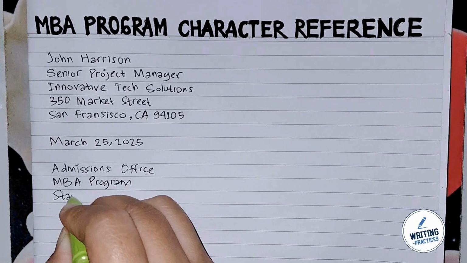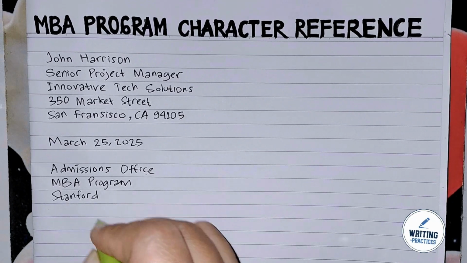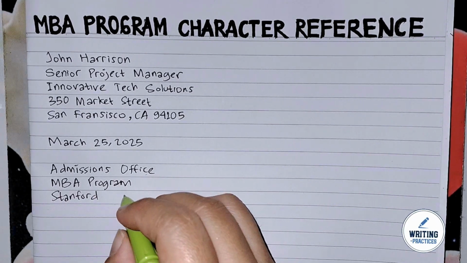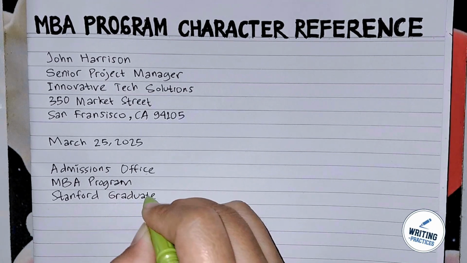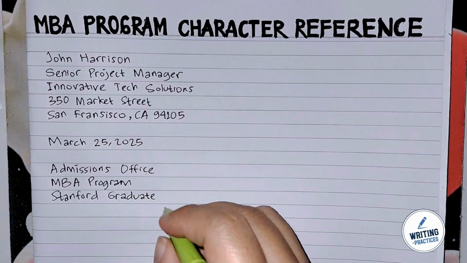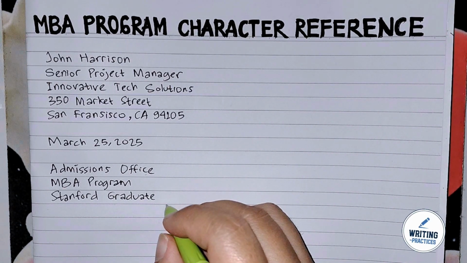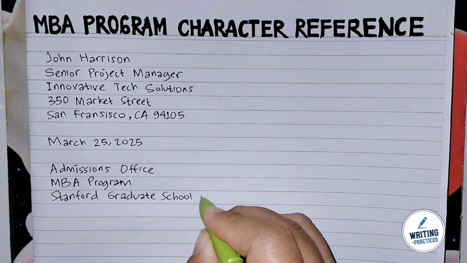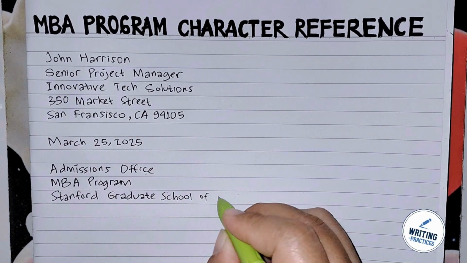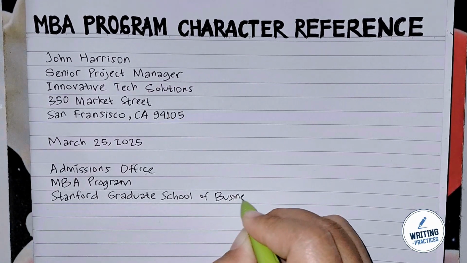After that, write the date of the letter. It indicates when the letter was written, ensuring it's current and timely. Once you've done, you can continue to write the recipient's information. In this section, you must specify who the letter is directed to. Make sure it reaches the correct admissions committee. And you need to mention the recipient's title as well.